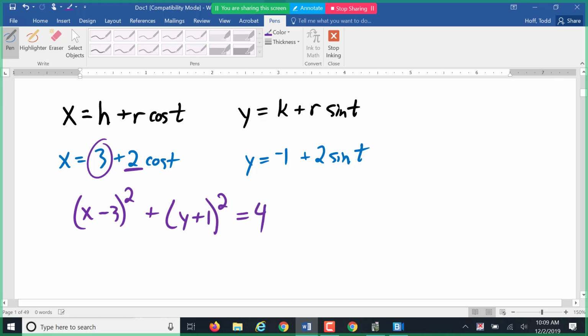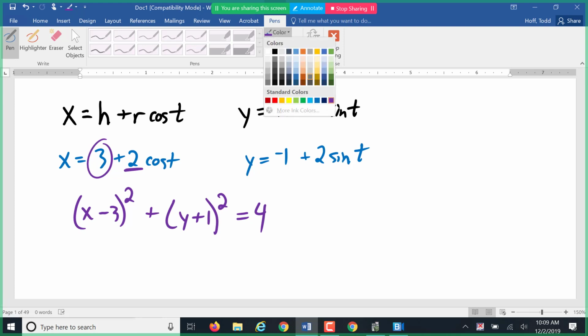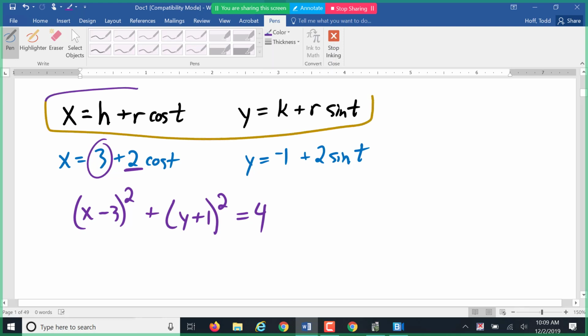So that translates directly into that circular equation. So again, this form of a parametric equation will always be a circle. The key is those two numbers. In this case, it was the 2, have to be the same.